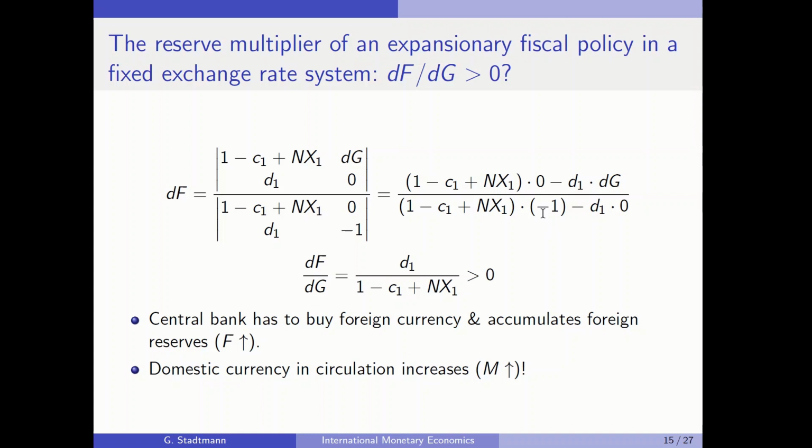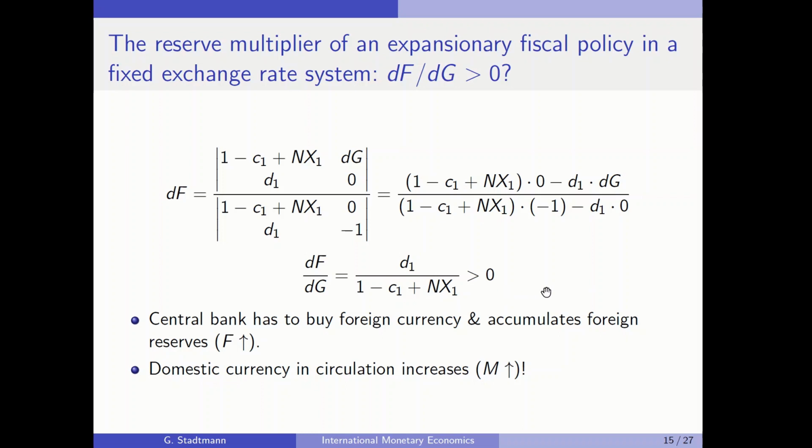There is a minus 1 in the denominator and a minus d1 in the numerator. So these minus signs here will cancel out. When we put the dG on the other hand side of the equation, we get dF over dG is equal to d1 over 1 minus c1 plus nx1, and this expression is larger than 0.